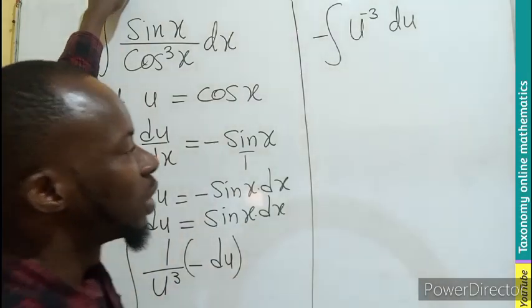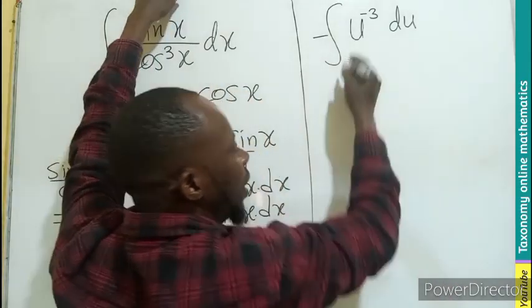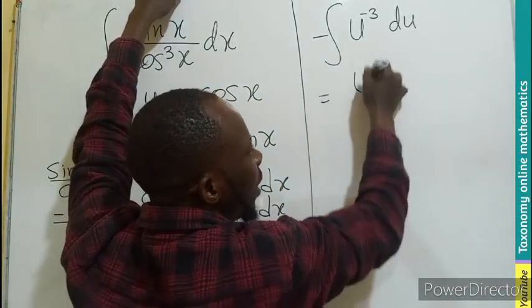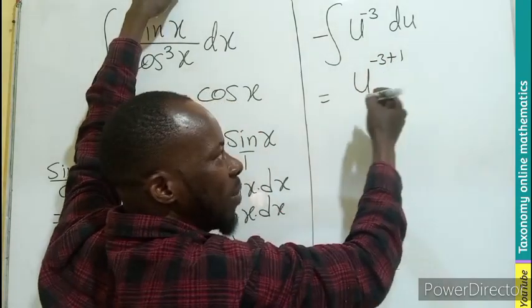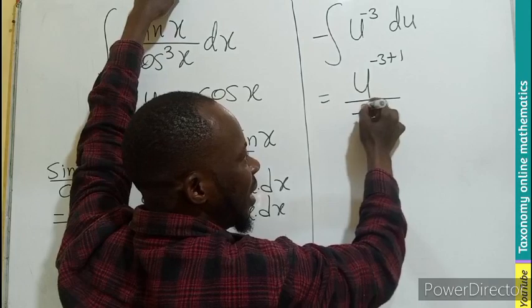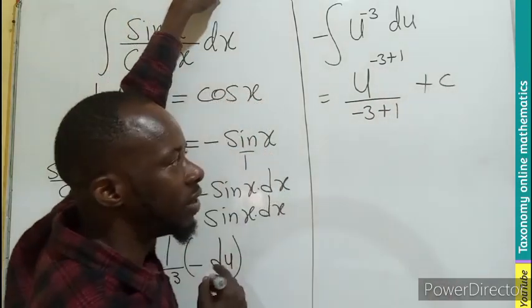So we are having u with respect to u, so we can now integrate. This will become u to the power of negative 3 plus 1, increasing the power by 1, divided by negative 3 plus 1, plus the constant of integration.